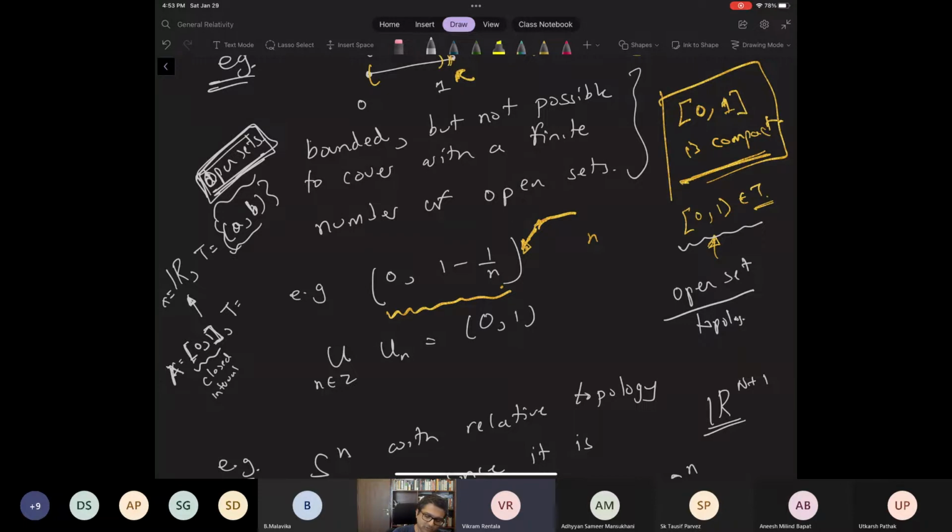So we take the intersection of these open sets with this closed interval, and you can see that those intersections can be left closed, right open. For example, if I take the set (-1, 3), which is an open set in T, and I take its intersection with [0, 1], that will give me [0, 1].